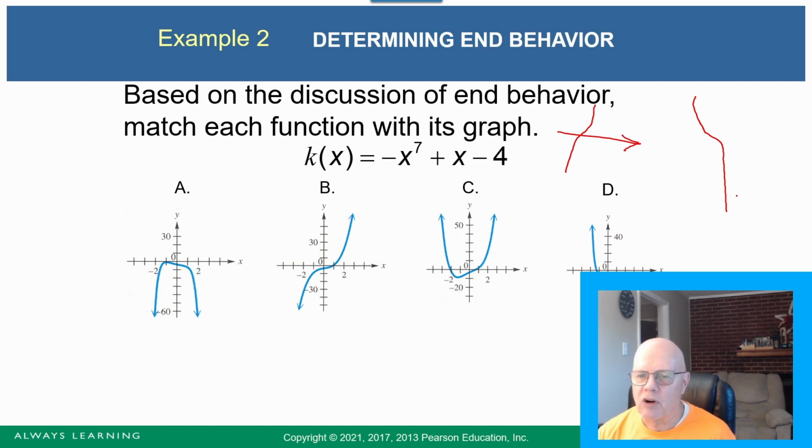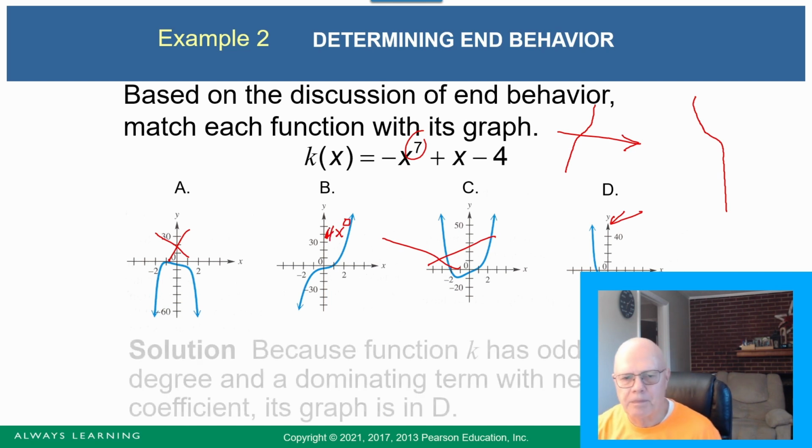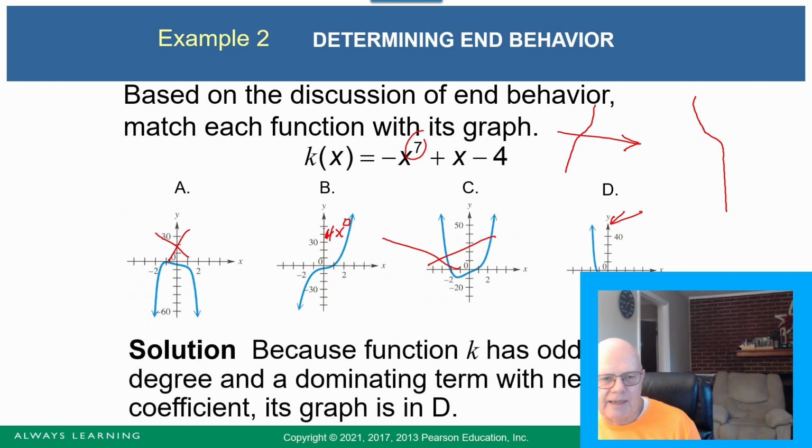So which one is that? Well, obviously, this one. That's even, we had an odd. That's even, we had an odd. This one would be one that has an x to some power with a positive number out here, like a 4, for example. So D is your guy here.